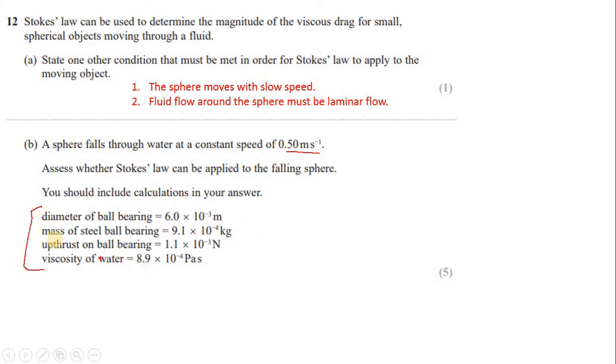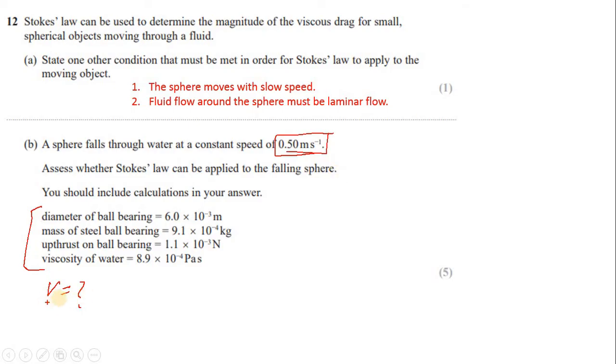The idea is, using these data, I am going to find the theoretical velocity at which the sphere is supposed to fall, and then I will compare this velocity with the given velocity, whether it is the same or different.